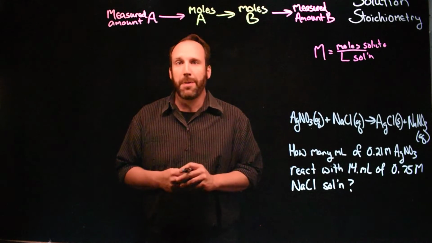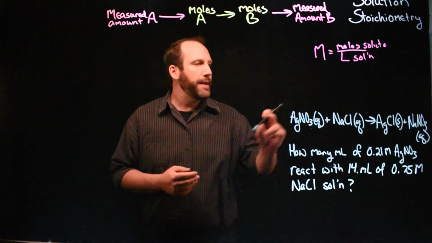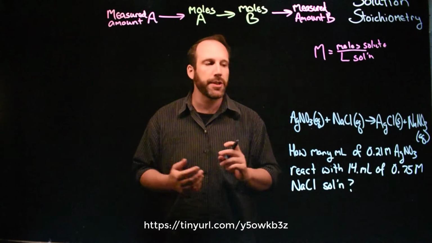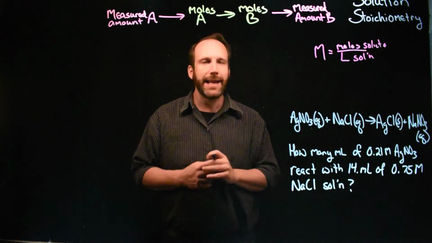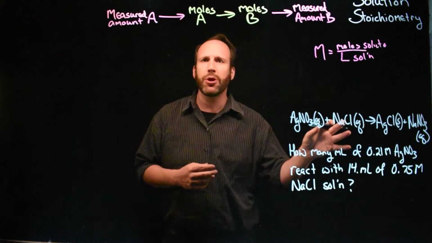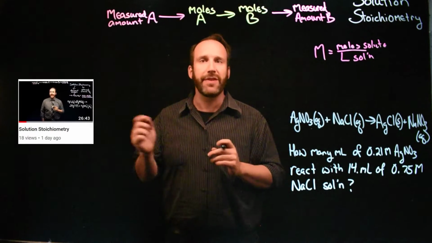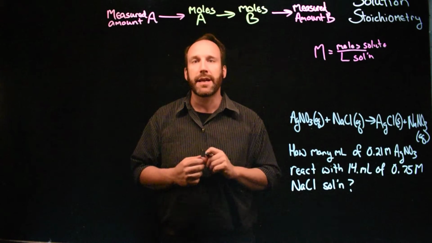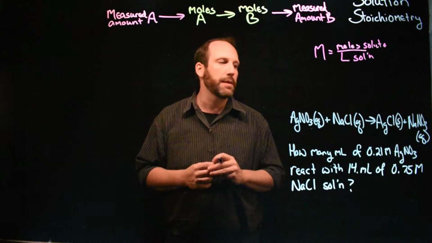All right, so fresh problem up on the board, and a new reaction here. In this reaction, we're taking 2 solutions, silver nitrate and NaCl. This is a similar reaction that we did in the previous video. Instead of using NaCl, we were using MgCl2, magnesium chloride.